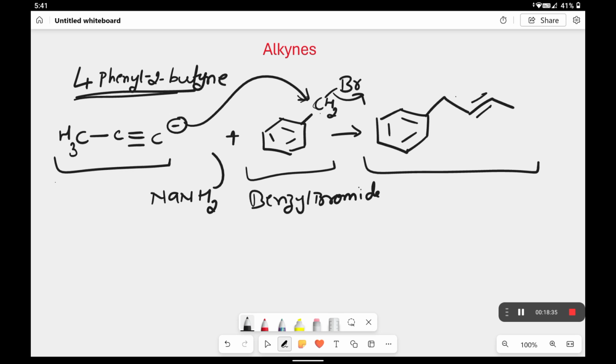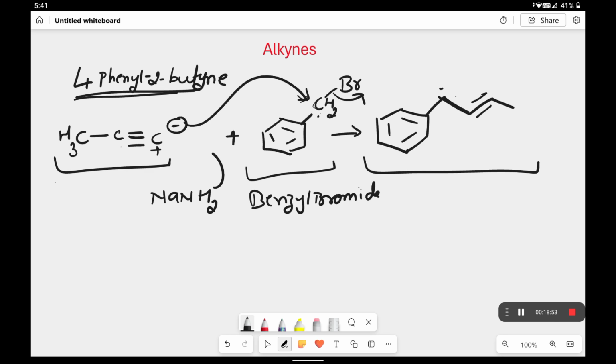Then the CH3 remains here, and the CH2 comes here. Then this carbon atom makes a bond with this one. Yes, this is the bond.